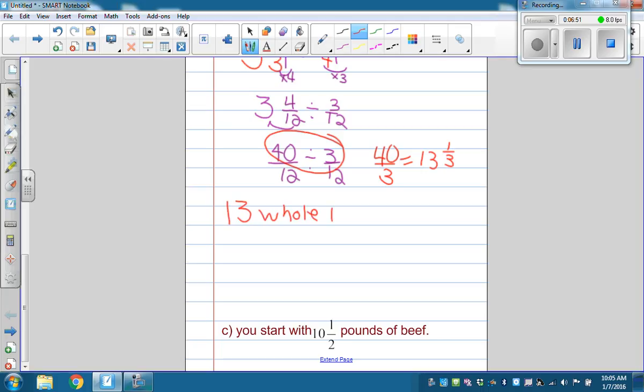You have 1/3 of a burger left. So you have enough meat for 1/3 of a burger. So how much meat is left? You have to multiply 1/3 by 1/4, which is 1/12 pound left.